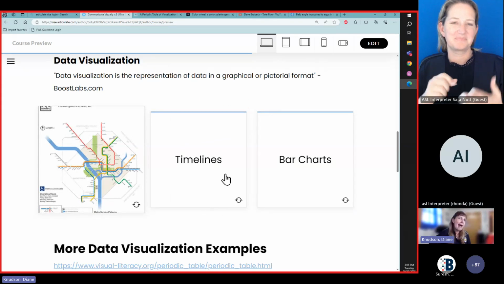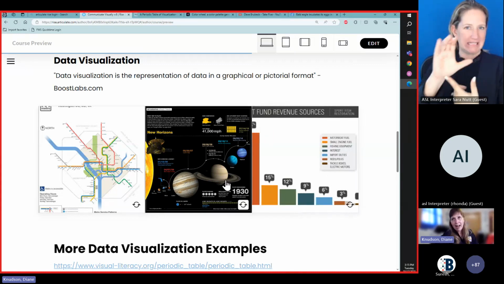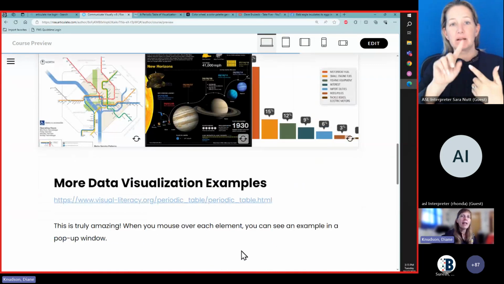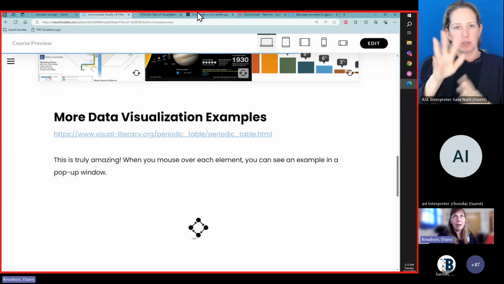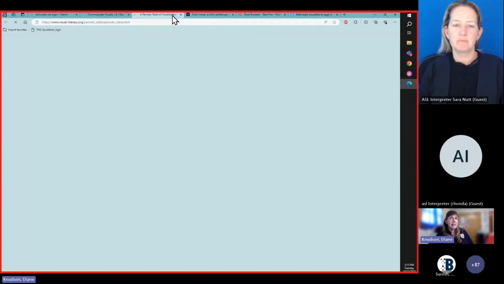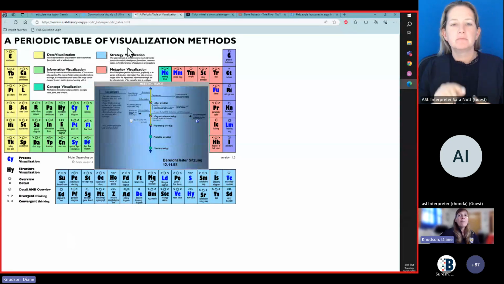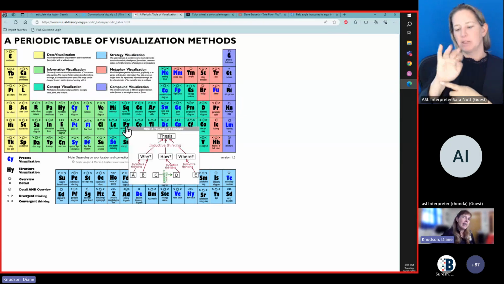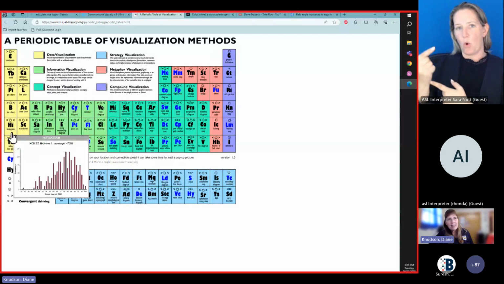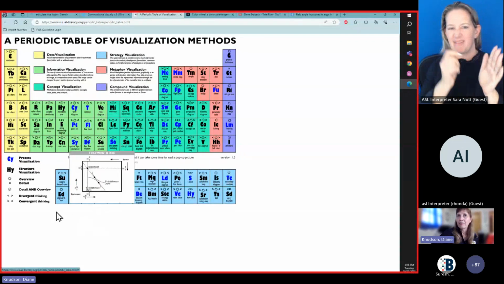You've probably all seen that particular map if you've been in the DC area. And it's a timeline and a bar chart. And this is an amazing tool that I'm going to show you very quickly. This was made by a couple of scientists and professors at visualliteracy.org. It will show you every single kind of data visualization that you can ever dream of.